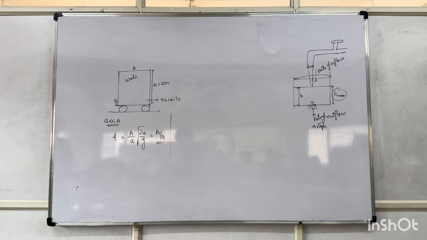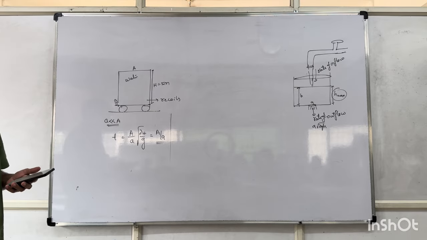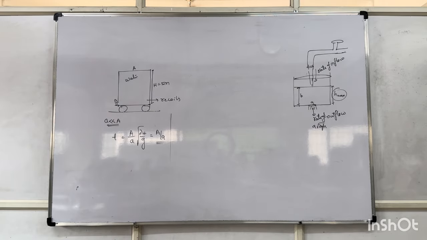How much is h? h is 5 meters. Substitute. It is 20 meters per second.